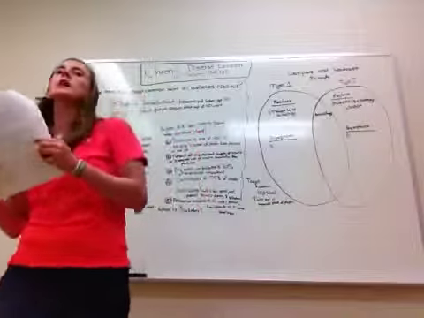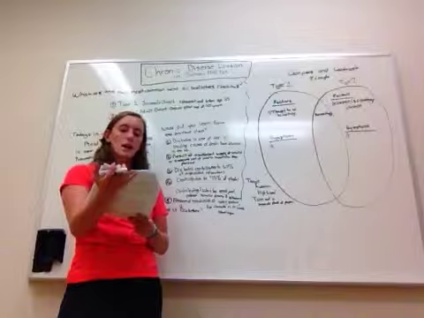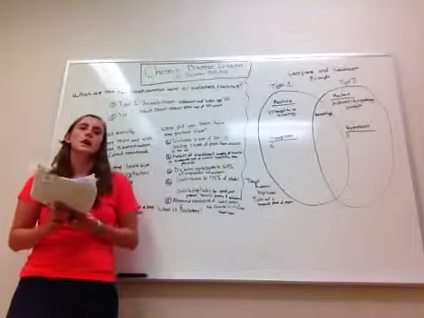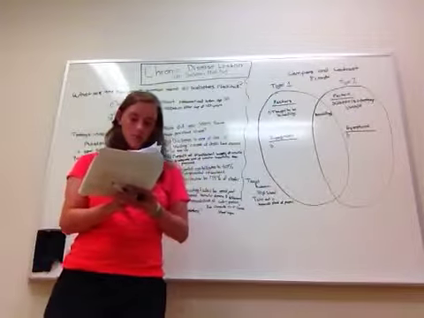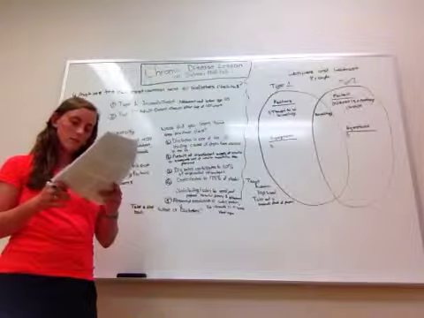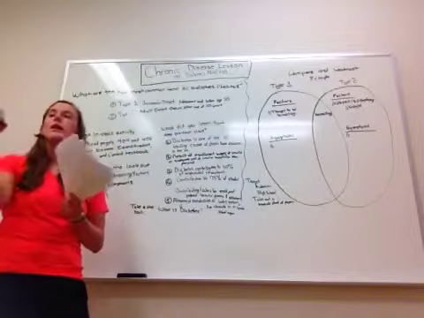Now in your textbook, it also explains some symptoms of both type 1 and type 2 diabetes. Can someone give me just one example of a symptom of type 1 diabetes? Yes.